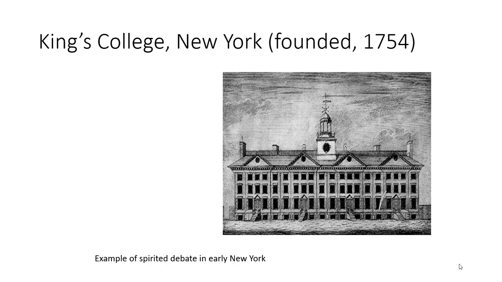Now, the debate was initially won by the religious side, and it did become an Anglican endowed, controlled college. But in a number of years, that actually changed, and it became a secularized institution. And so, over the long run, the other side in the debate basically prevailed.